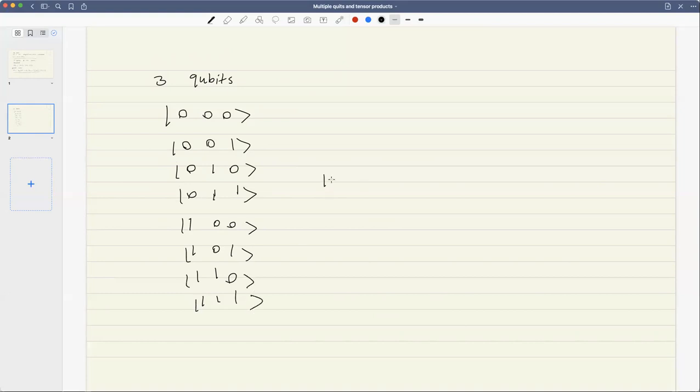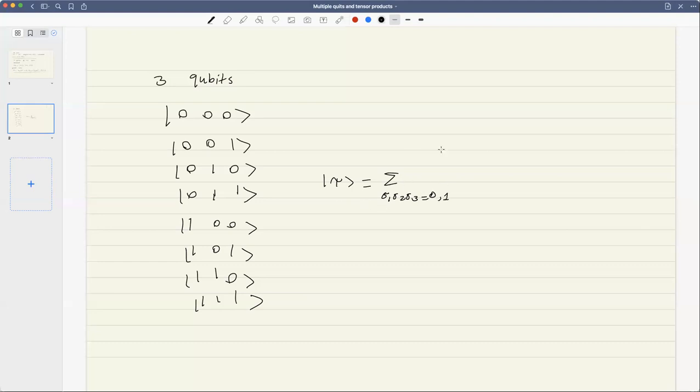If I want to write the general wave function, I will write, let's say, a sum over. We can imagine giving a notation to each of these. So let's call them sigma 1, sigma 2, sigma 3, each equal 0 or 1. So you have 3 things that can be 0 or 1.